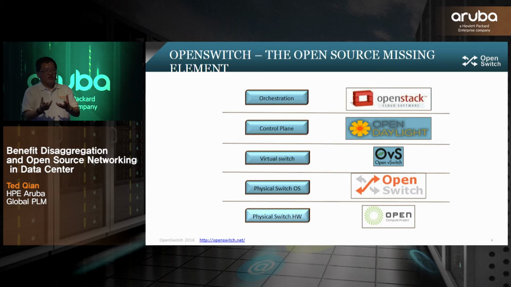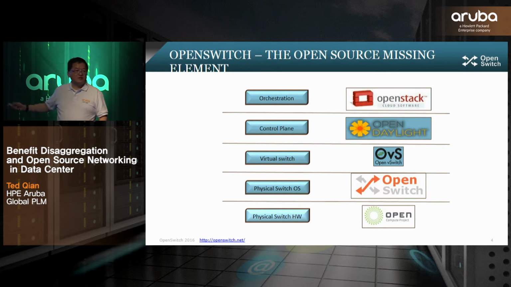They have to go through this device called a switch. On that switch, you can buy physical white box, brite box hardware, but you don't have a fully open source network operating system running on those switches. So OpenSwitch fills that gap.